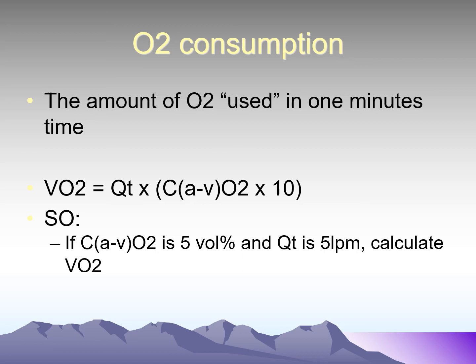So we look at exercise again, fever, shivering. Things that are going to decrease your oxygen consumption would be skeletal muscle relaxation, again peripheral shunting, hypothermia, and poisons.